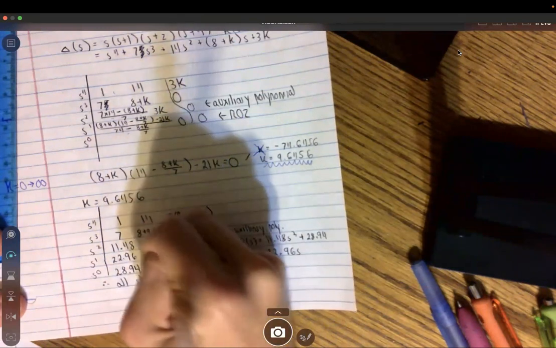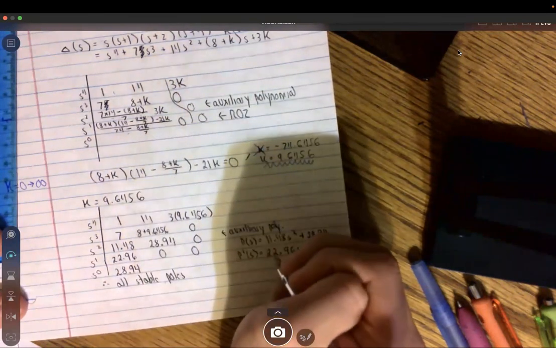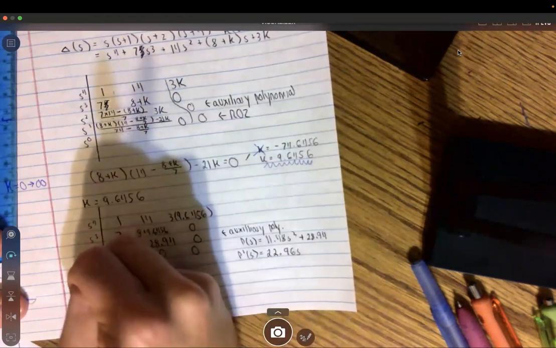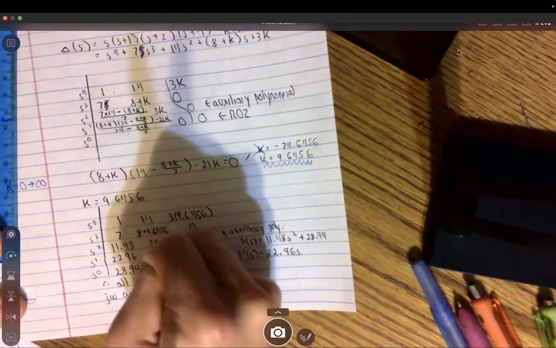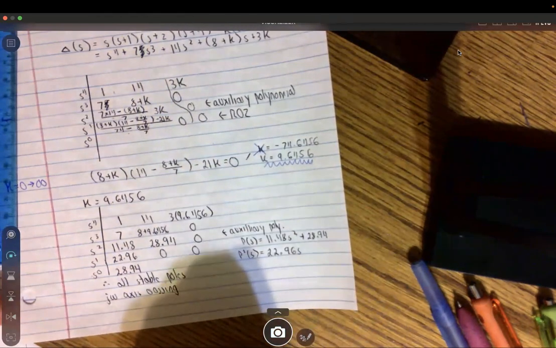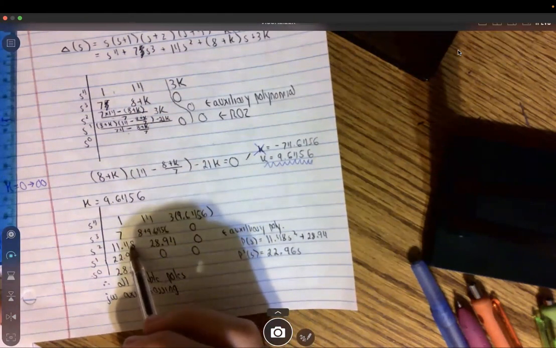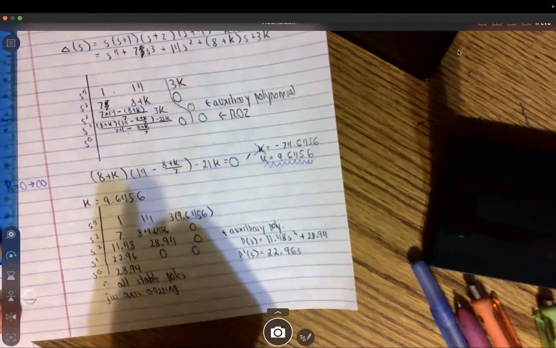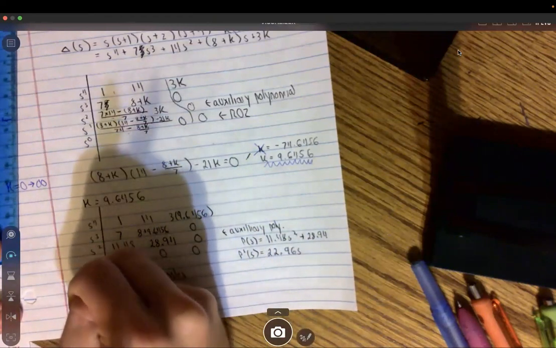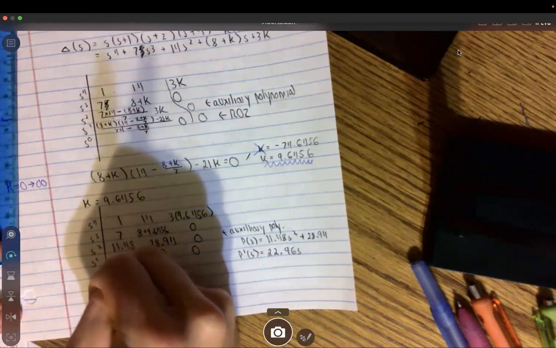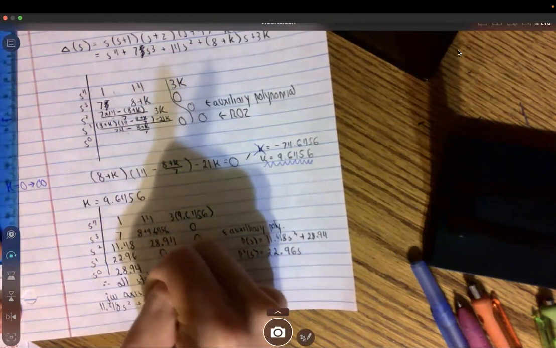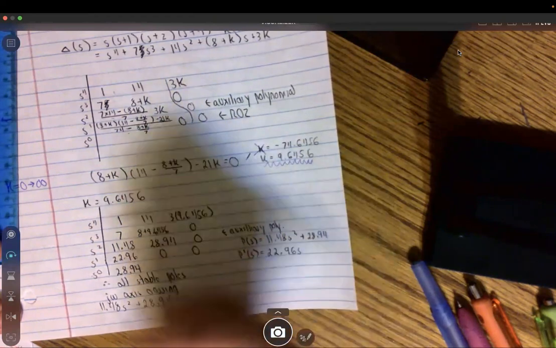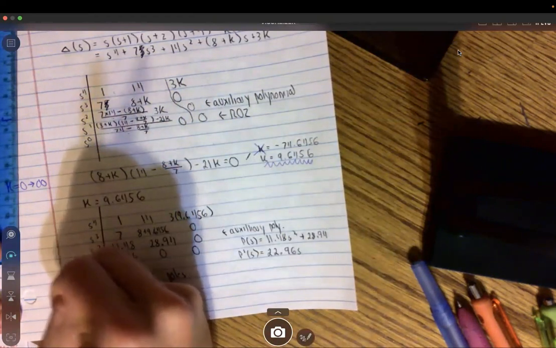All stable poles. And for our j omega axis crossing, in order to determine where it crosses the real axis, we look at the quadratic equation here, 11.48 s squared plus 28.94 equals 0.